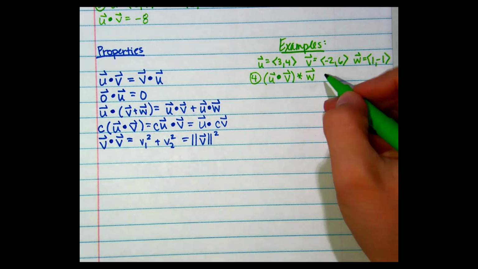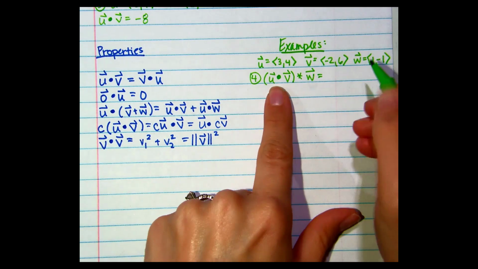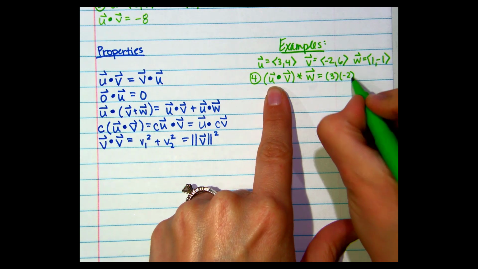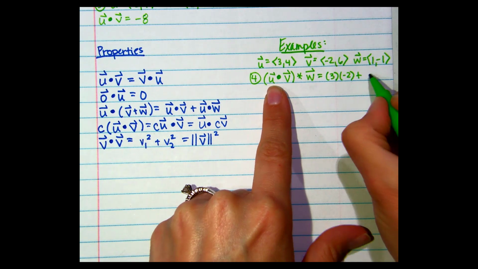Okay, so what I will do here is dot U and V. So I'll do 3 times -2 plus 4 times 6.